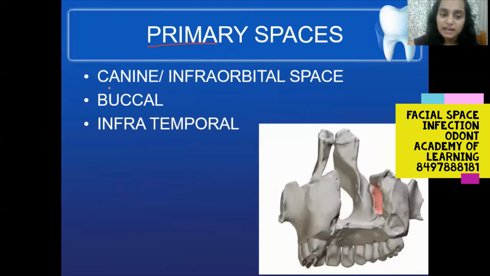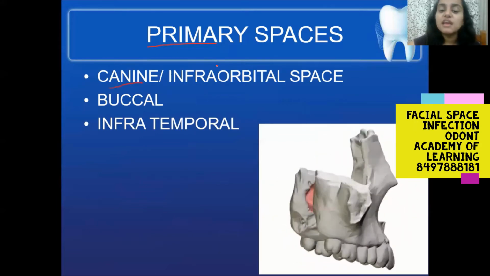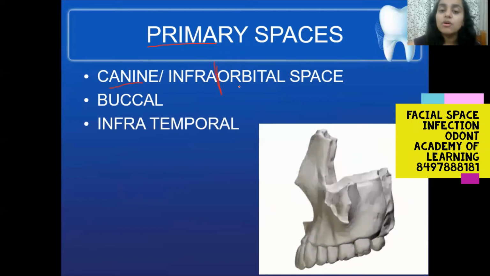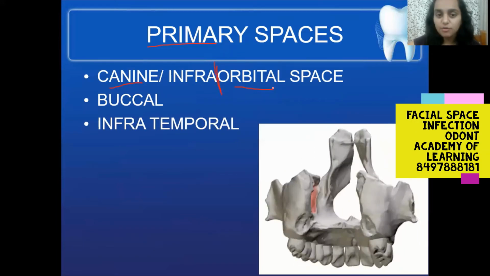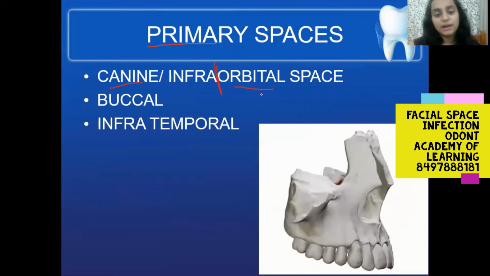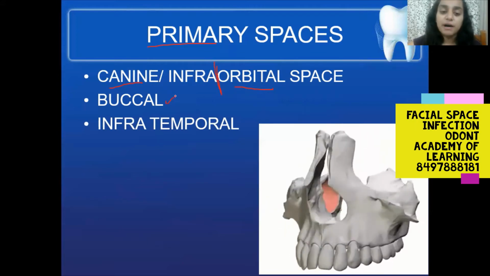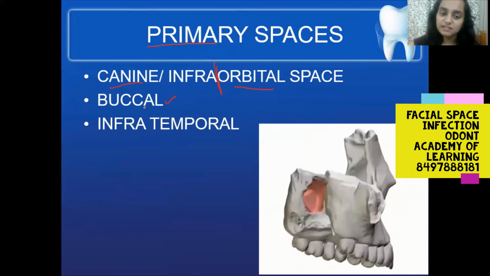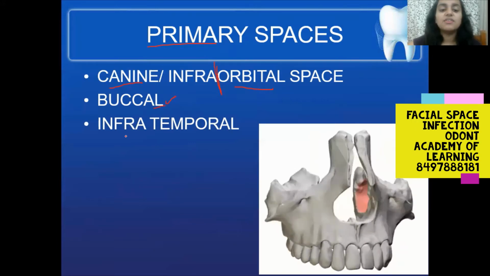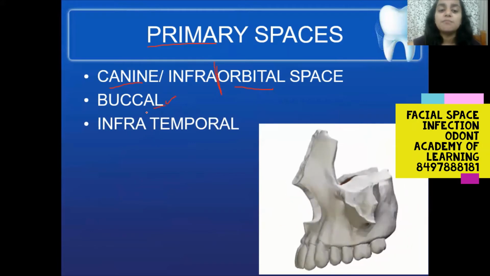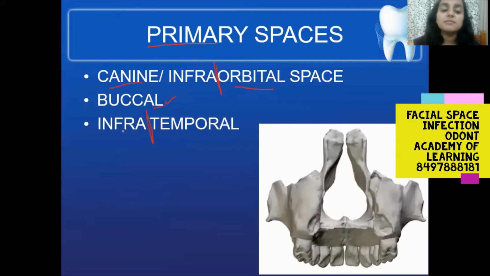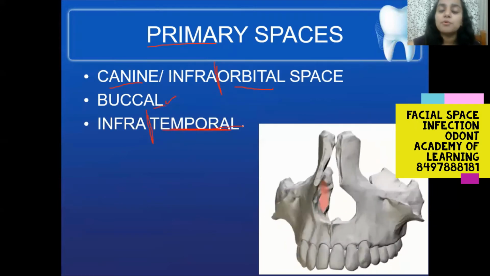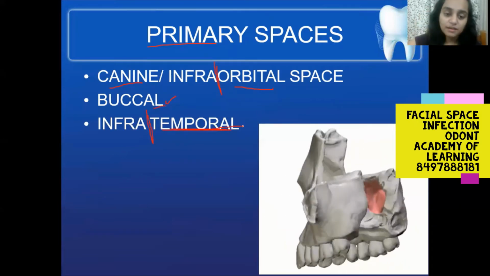One is the canine space, also called the infraorbital space. So infra is below the orbit. Next, we have the buccal space, which is involving the buccinator muscle, as the name suggests. And then we have infratemporal. Again, this means below the temporal bone or the temporalis muscle, right?